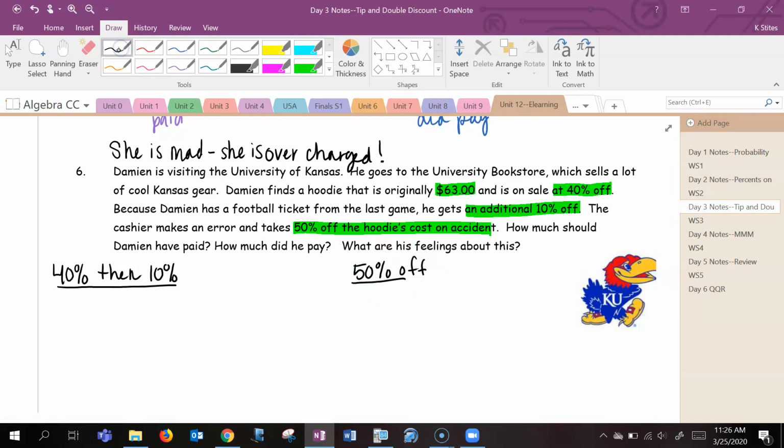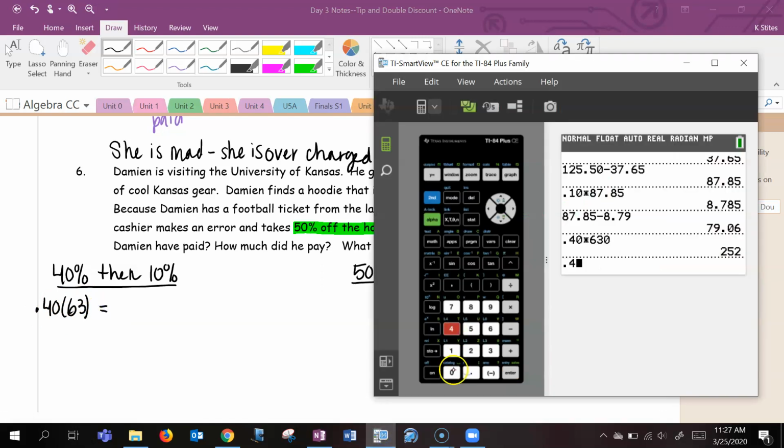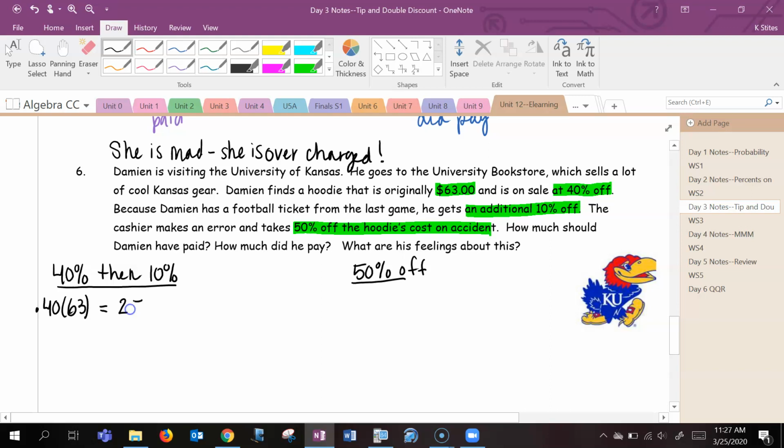Okay, let's see what the price difference is. If we're going to take off 40% of a $63 hoodie, we're going to do 0.40 and multiply that by $63. And that's $25.20.